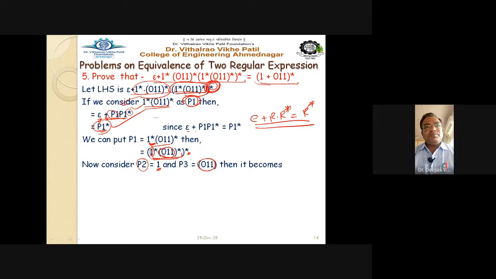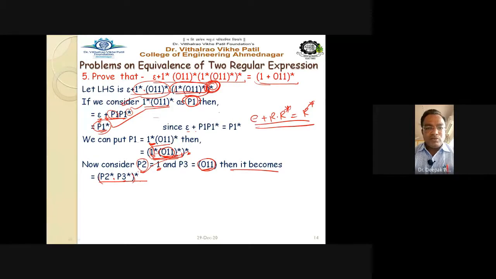Then it becomes P2 star dot P3 star. The 0 1 1 is now P3 star as it is, and the outer star is as it is. So this becomes (P2 star dot P3 star) bracket raised to star.